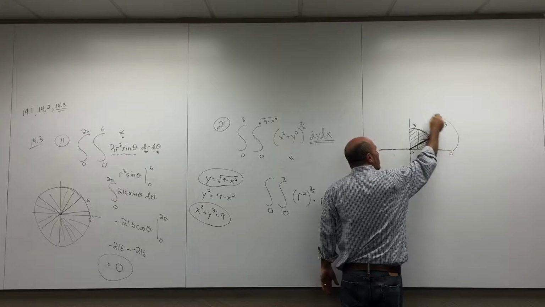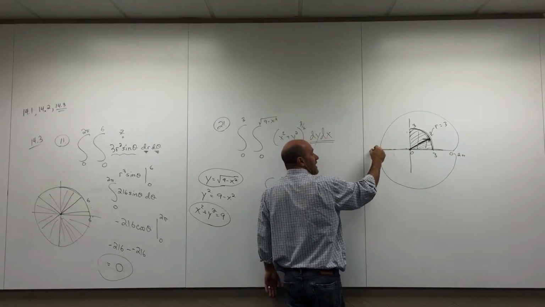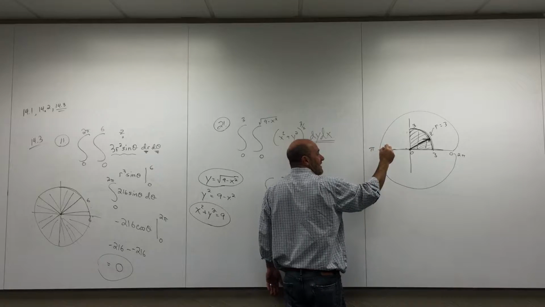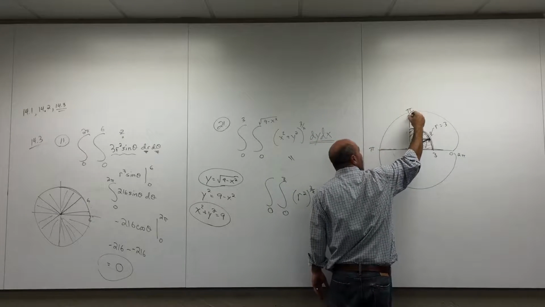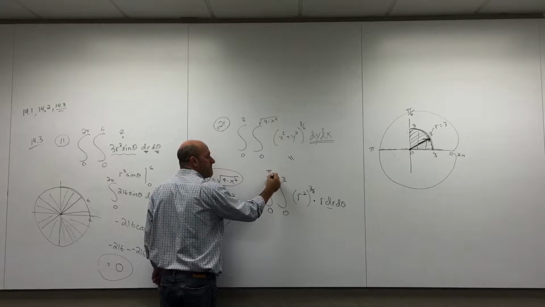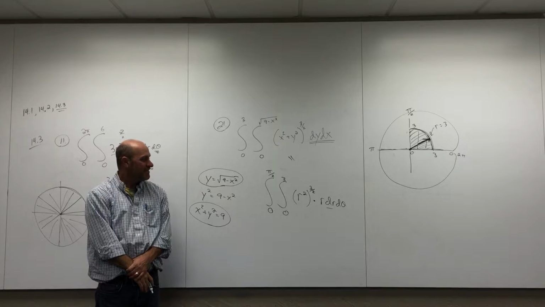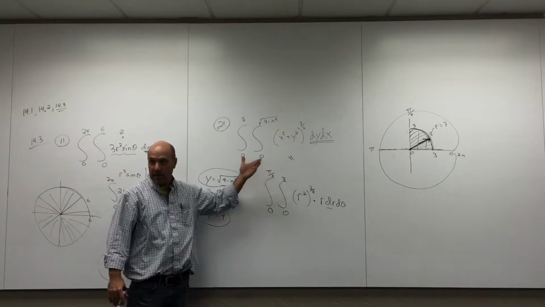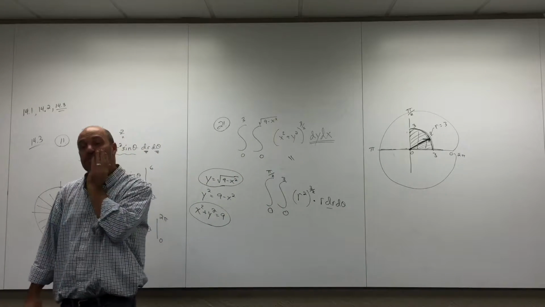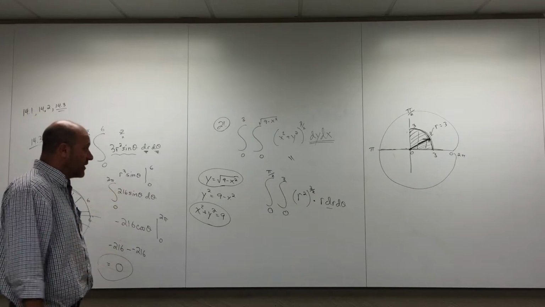If this is 0 in radians, this is 2 pi, right? What's halfway? That's pi. And pi over 2. That's half. Right, pi over 2. Cool. 0 to pi over 2. So that's cool, huh? That's converting. It's not hard, really. You got to know your polar equations, how to convert: x squared plus y squared is r squared.